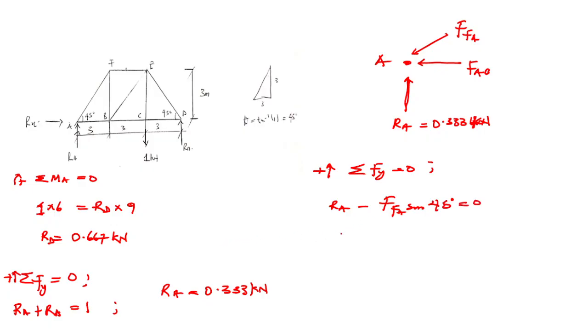So we have RA equals 0.333 equals FAF sine 45. Therefore, FAF would be equal to 0.471, which is in compression. Since the direction we picked earlier was compression and our answer is positive, it means our direction is correct. So compression.